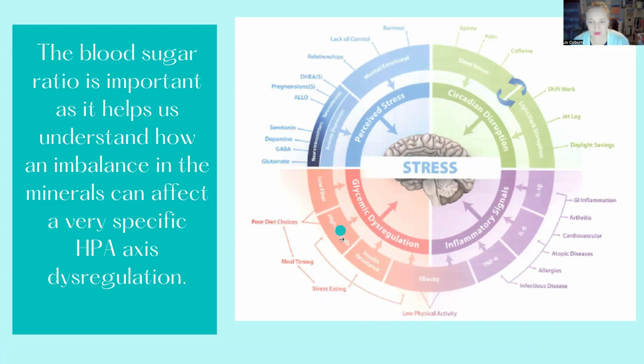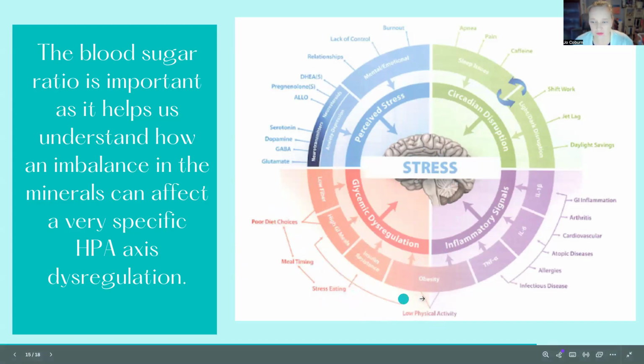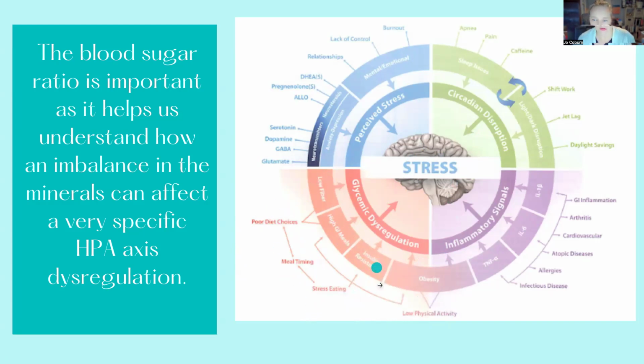Do you have poor diet choices? Is there insulin resistance, stress eating, low physical activity, meal timing, like all these things that create insulin resistance, and high glucose meals and low fiber meals is going to cause stress. And then it affects all these other things. So you need to understand what's going on.